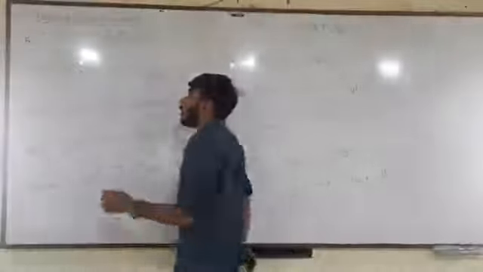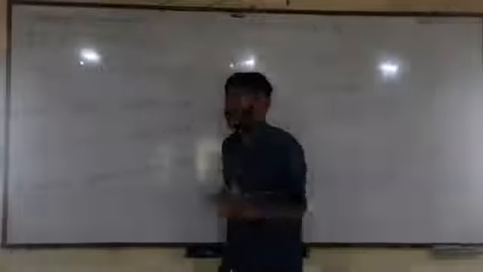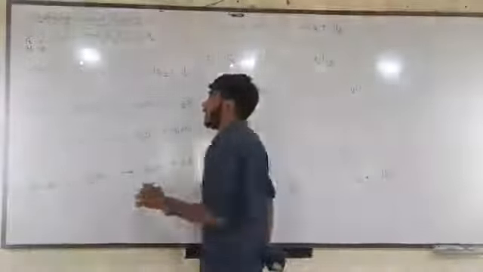On the left hand side, take this Fe. This Fe stands for iron. How many iron atoms am I having? It is 1. Then go for hydrogen. How many hydrogen atoms am I having? It is 2. And how many oxygen atoms am I having?